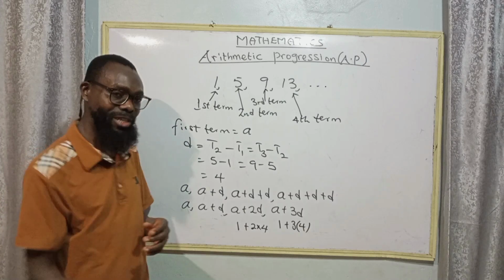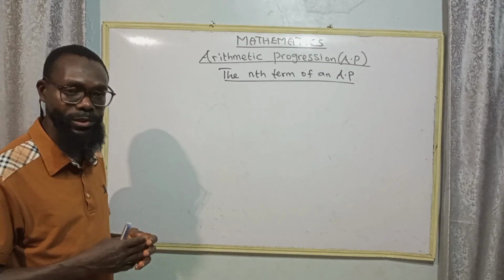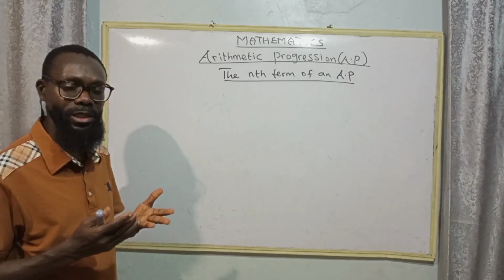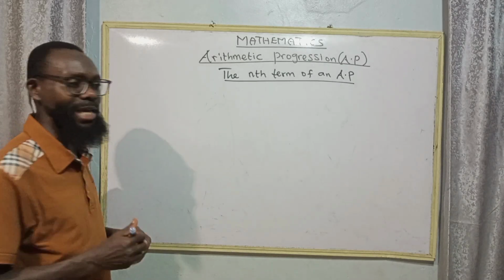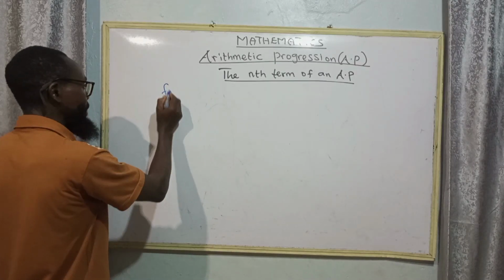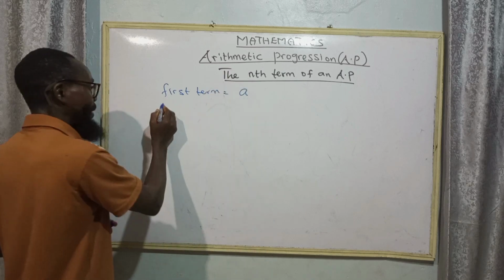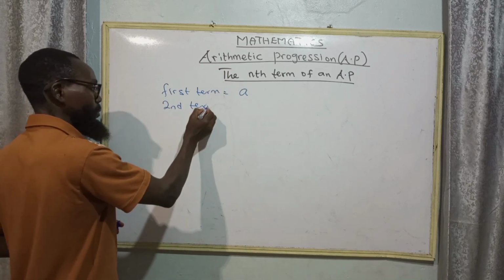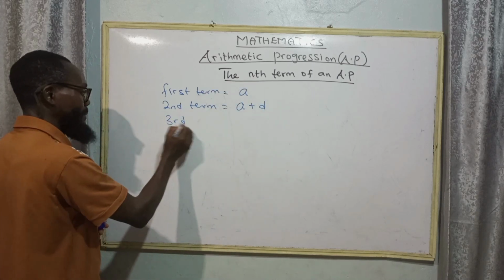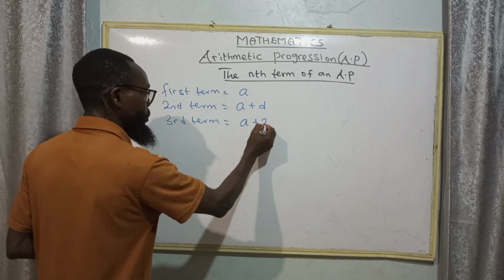So let's dive in. If you could recall from the previous preamble, we looked at some values in which our first term is noted as A. Our second term will be equal to A plus D. Our third term will be equal to A plus 2D.